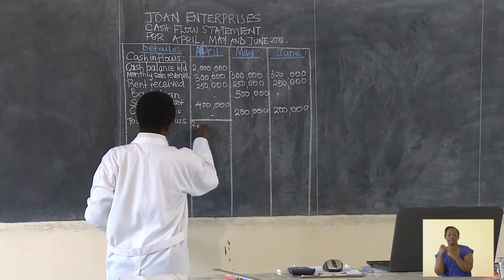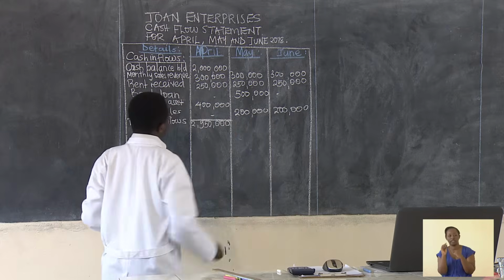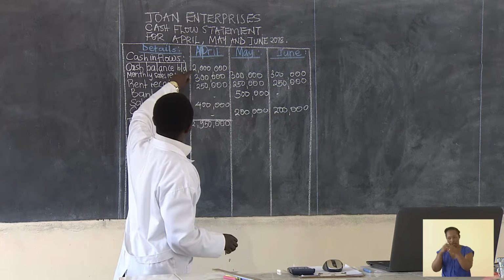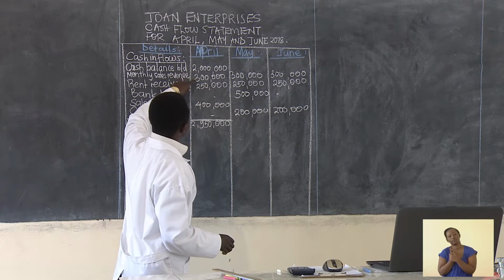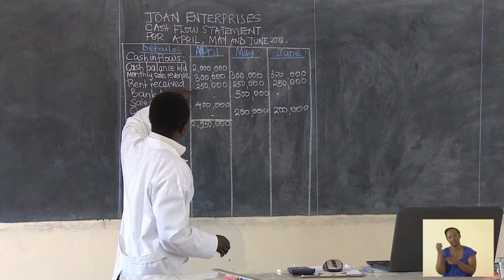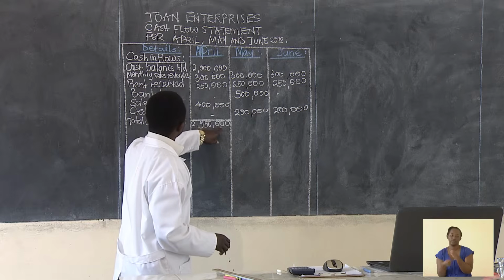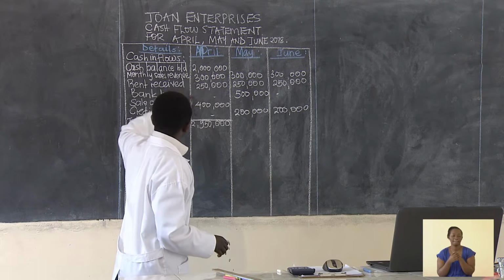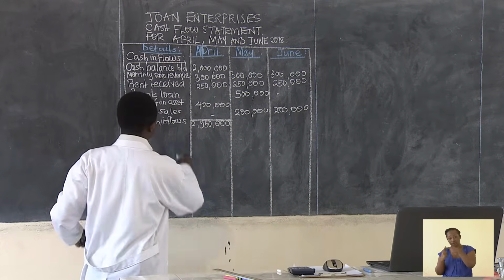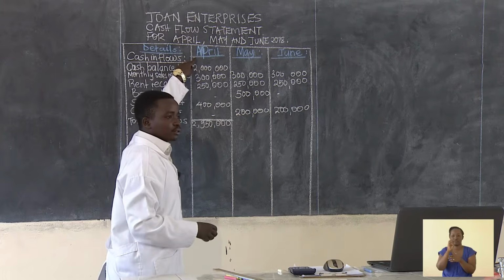So 2,950,000. Let's re-add and see. 2,300,000, 2,550,000, 2,950,000. I think our addition is correct. Is our addition correct? Yeah, you can see. So this is our total cash inflows for the month of April.